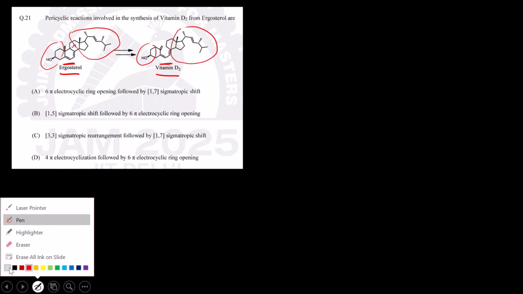So we'll draw that and do the reaction on that. Here there are some groups, and then there is this 6-membered ring, and here there is this methyl group, like this.